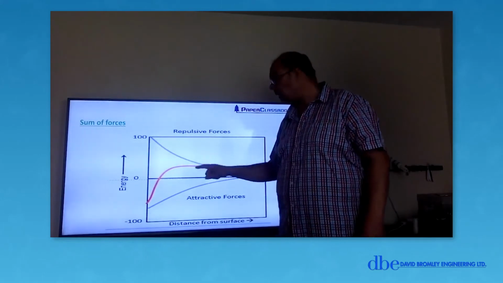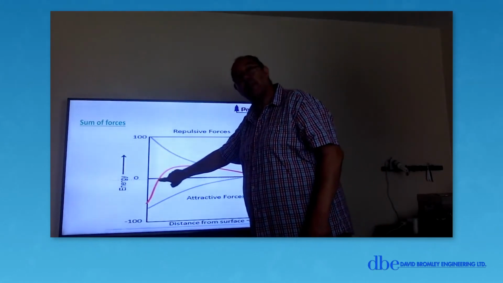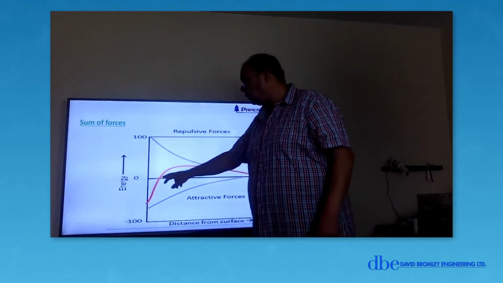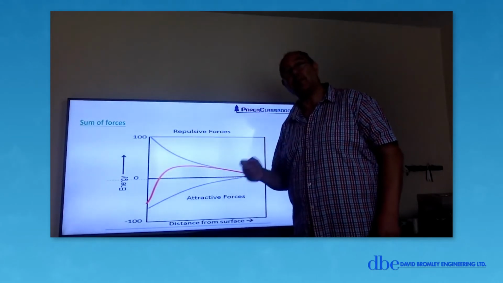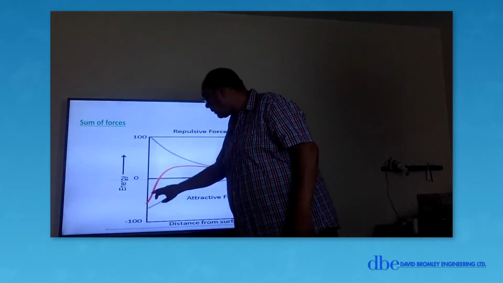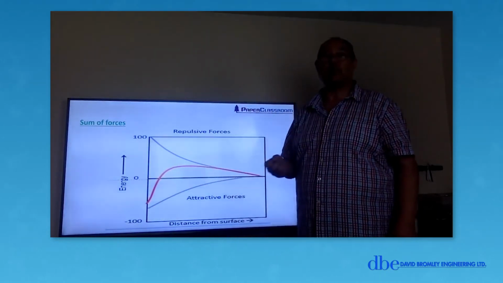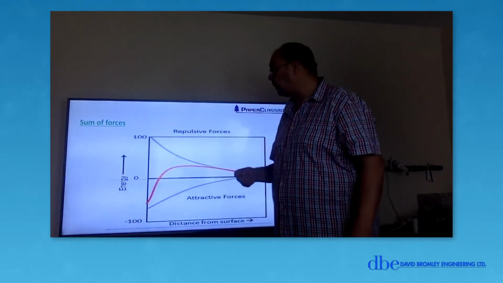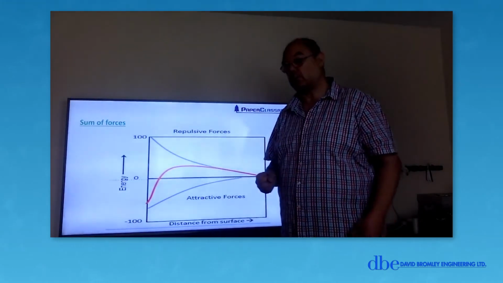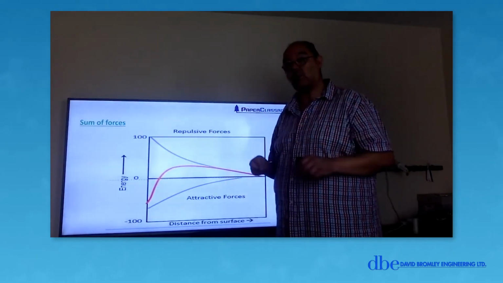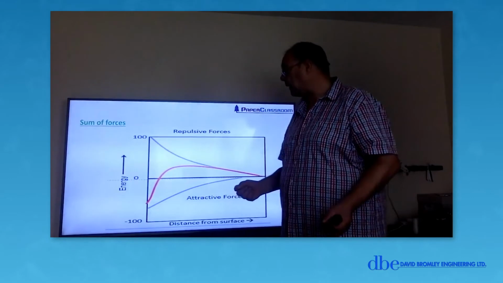But the strange thing is, once you get beyond this point here, the forces of attraction now become greater than the forces of repulsion, and therefore in this area the particles will be attracted to each other. So what this could mean, for example, is you could have a colloidal suspension and the colloid will be nice and stable, all the particles will be individual, nothing will ever settle.